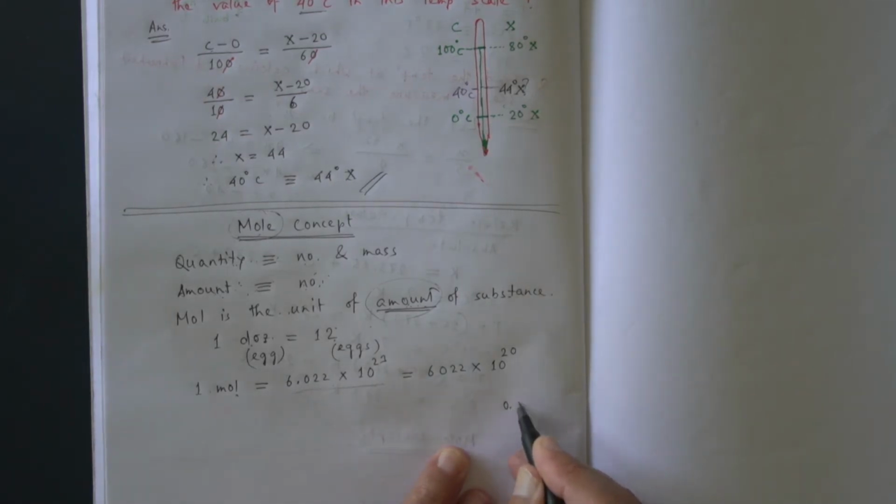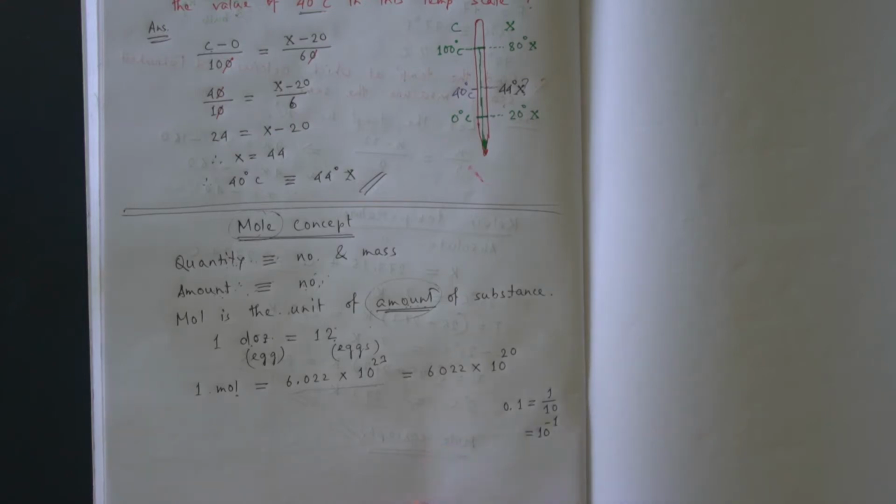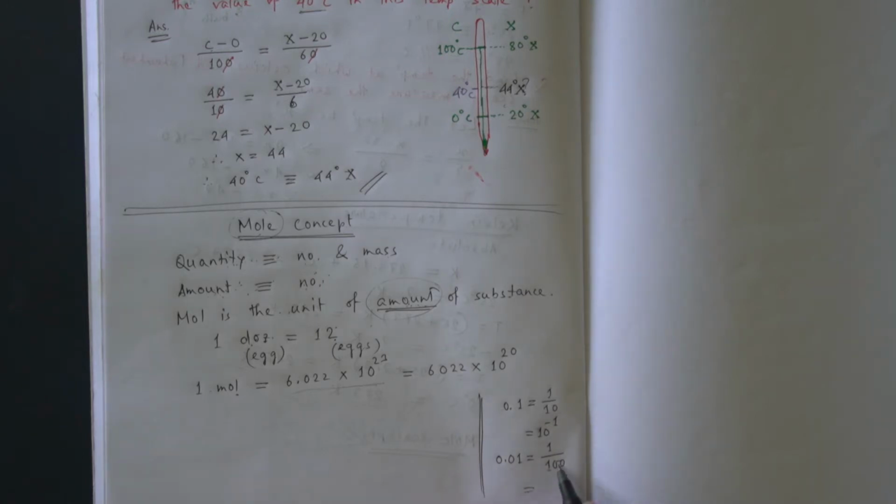We can write like this because, you see, 0.1 means 1 by 10, that means 10 to the power minus 1. 0.01 means 1 by 100, which is 10 square, that means 10 to the power minus 2.